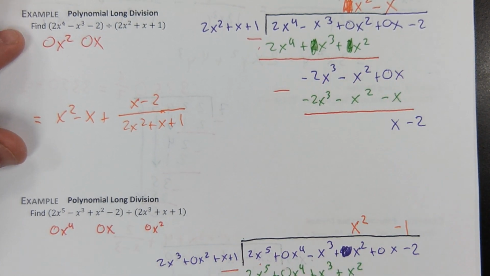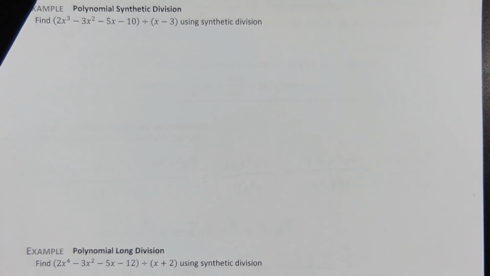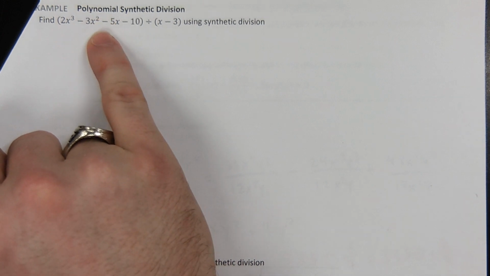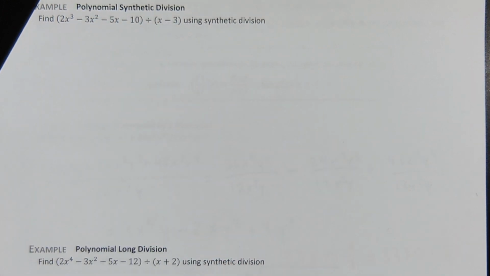I always just used the numbers, the coefficients. Synthetic division deals with only the coefficients. You still cannot have gaps in your dividend. And if you do, those coefficients would be zeros, just like we did with the long division.